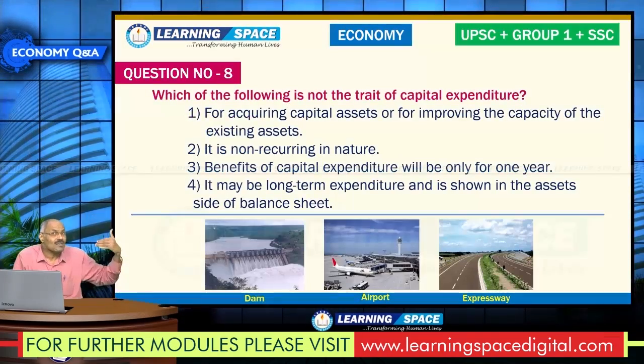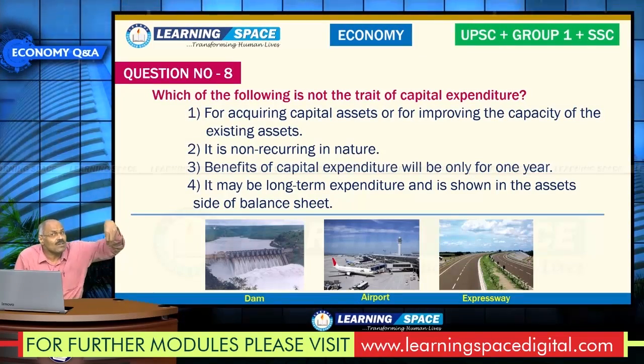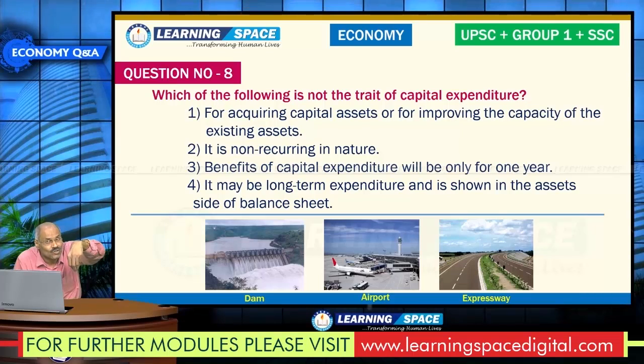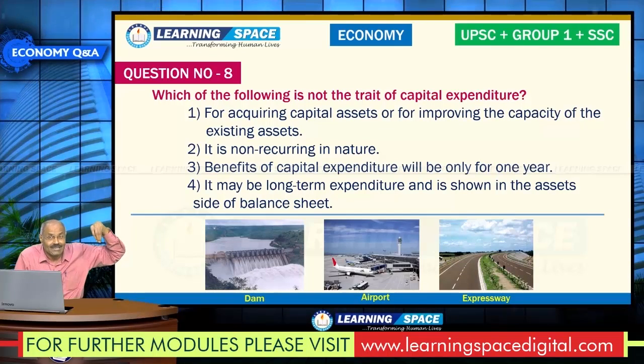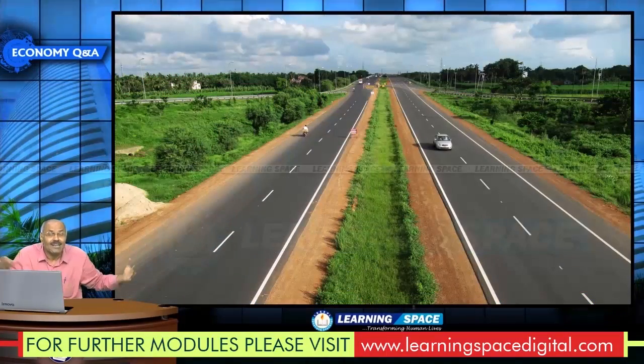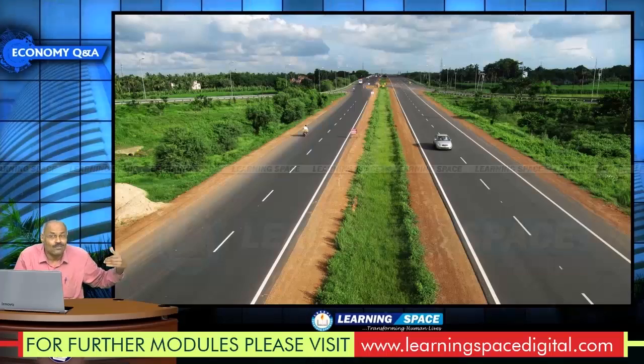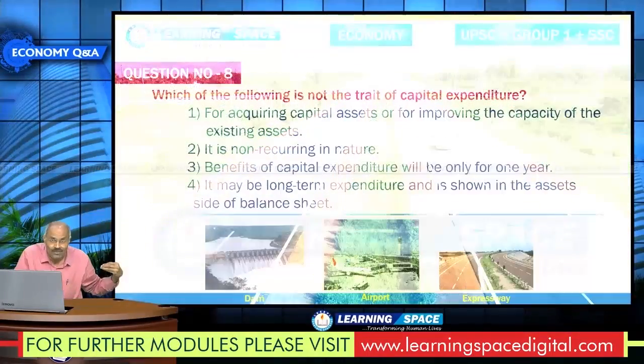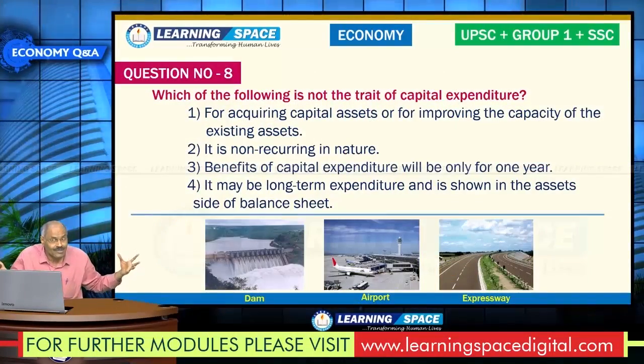Look at the last one. Which of the following is not the trait of capital expenditure? Capital expenditure traits. First one is, for acquiring capital assets: a dam is constructed, an airport is constructed, an expressway is constructed. These are all examples of capital expenditure. It is non-recurring in nature.